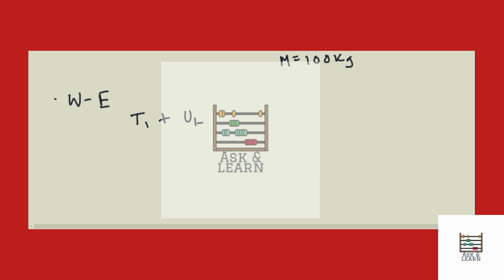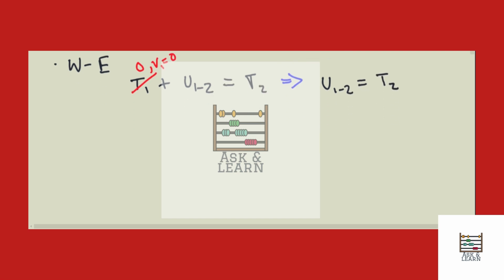So we can combine those two and use the work energy principle: the initial kinetic energy of the object plus the work being done on the object is equal to its final kinetic energy. Because the object is initially at rest, initial kinetic energy is 0 because the velocity is 0. So now we're just left with the work being done on the object being equal to its final kinetic energy.